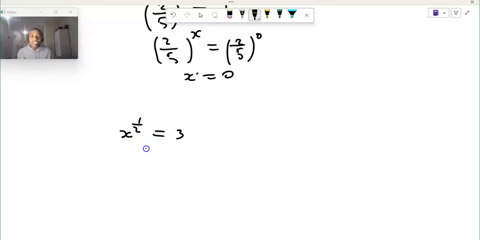So we need to get rid of that 1 over 2, which is the exponent of x, as we are looking for the value of x, right?